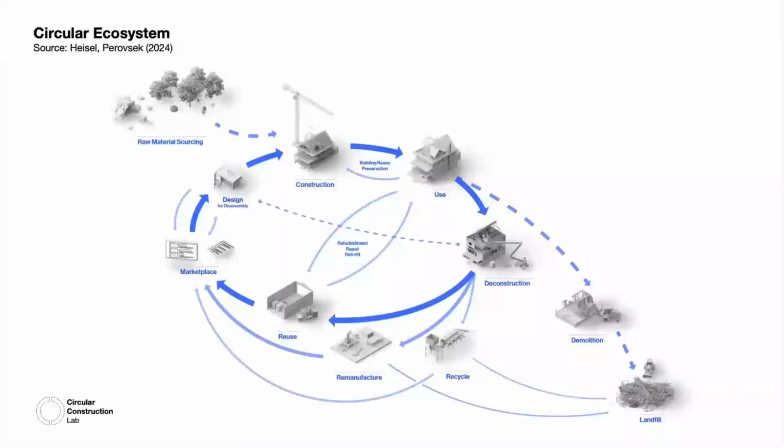And I'll get into more detail why reuse is so much better than recycling, for example. But what you see in this diagram as well is the main goal, of course, is the phasing out of the linear system. So we're reducing the amount of raw materials that we're sourcing. We're reducing the amount of landfill that is generated through the closing of loops.